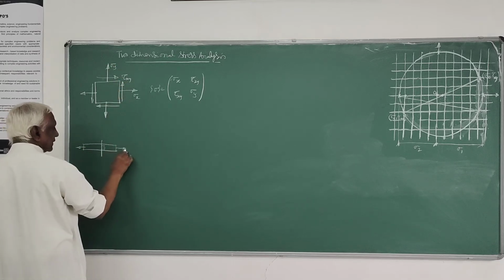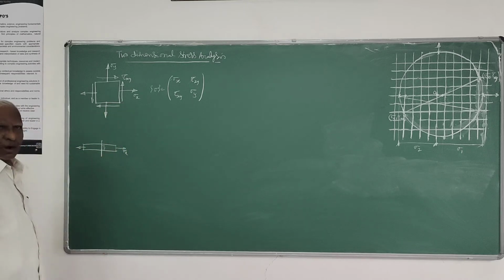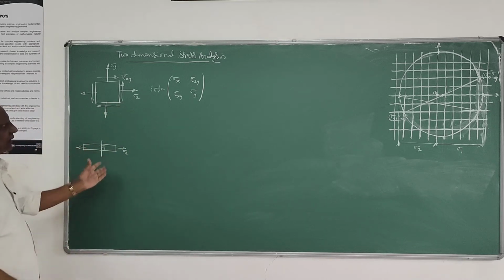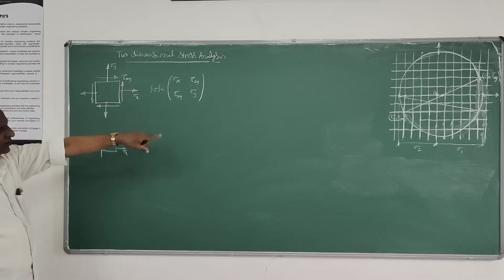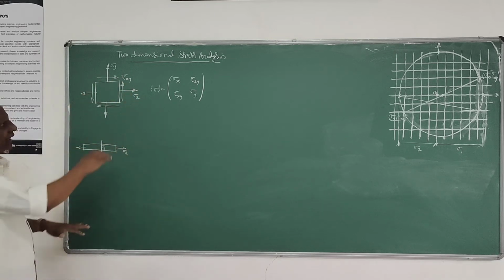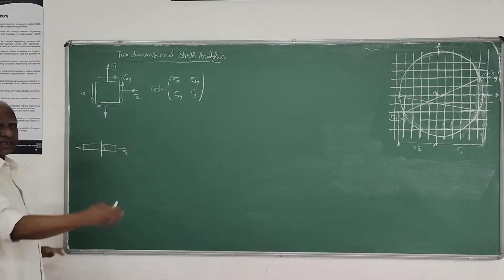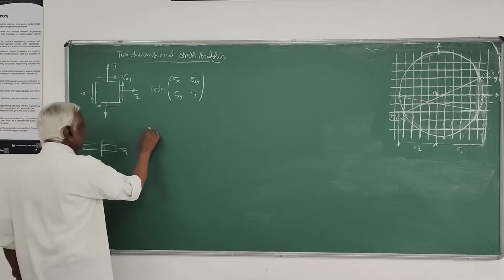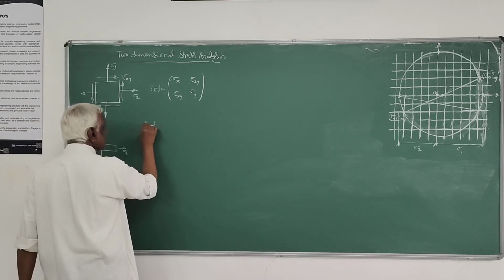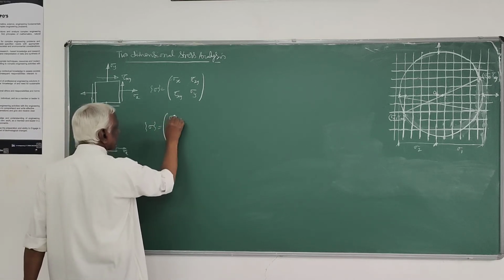Whereas in one-dimensional, it is only sigma x. In three-dimensional, it is 3 by 3: sigma x, sigma y, sigma z along the diagonal, and tau xy, tau yz, tau zx, and tau xz. In three-dimensional state of stress, you can always represent like this.